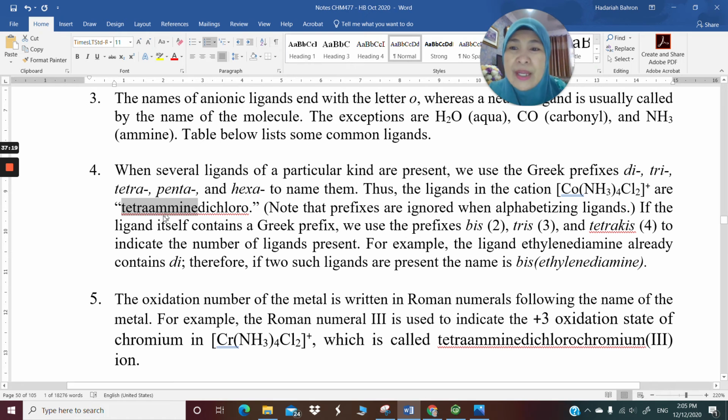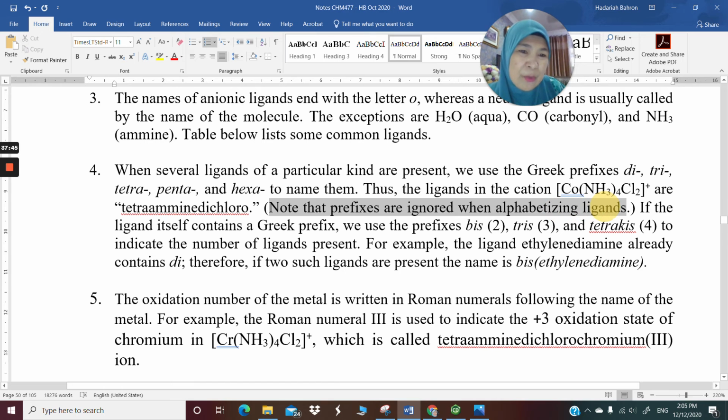Because amine starts with A and chloro starts with C. You do not take into account the number prefix, tetra or di or tri. You only look at the actual name of the ligand. So amine comes before chloro. Note that the prefixes are ignored when alphabetizing the ligands.